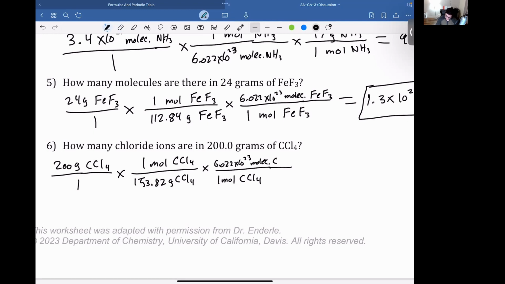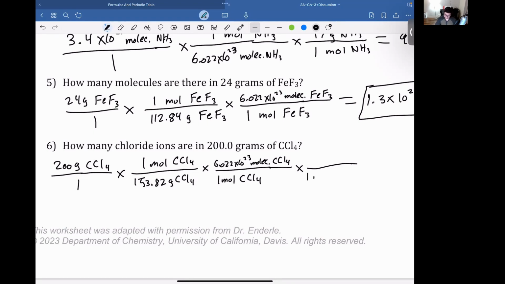Again, you can use the equations too. It doesn't matter. Just keep in mind your units. So I'm writing them all down. The moles cancel out. Then what do we do? Right. So if you look at this molecule, well, there's 4 chlorines or 4 chlorides for every 1 molecule, right?